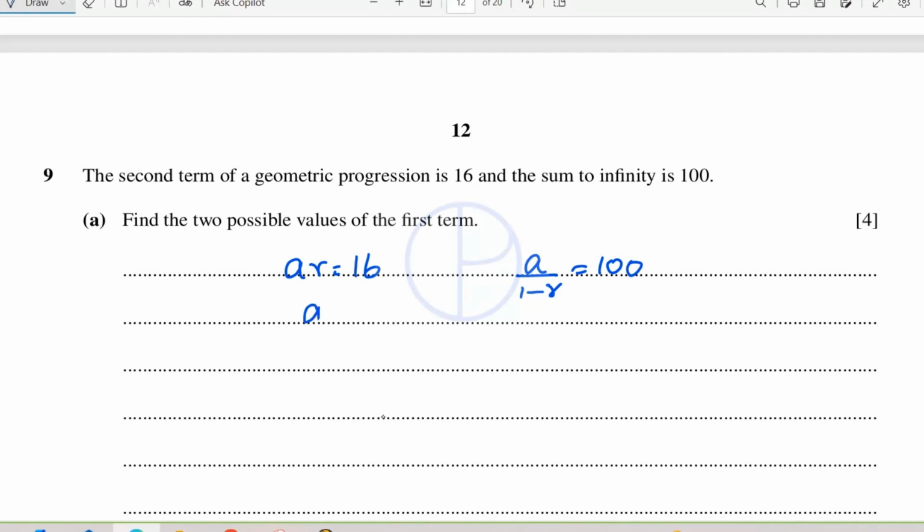First let's find out what is A here. It is 16 over R. Substitute that here. So 16 divided by R, divided by 1 minus R, equal to 100.